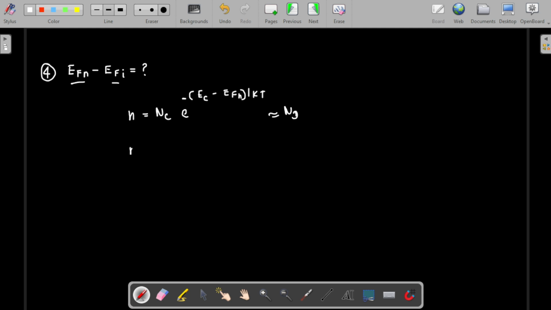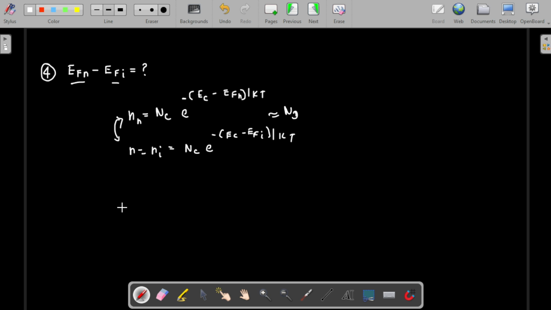And for intrinsic, n is also equal to ni, right? Which is equal to Nc e power minus (Ec minus EFI) divided by kT. Okay, so now what we can do is relate these two terms. So if we do it, then this can be written as nn, because that is the n value in an N type. So that thing we can represent like this.